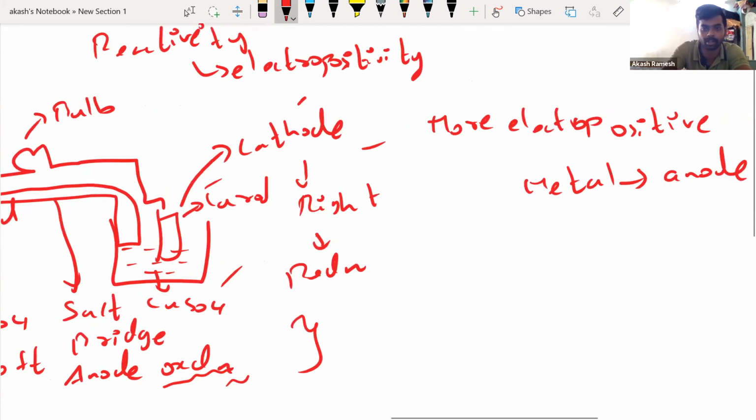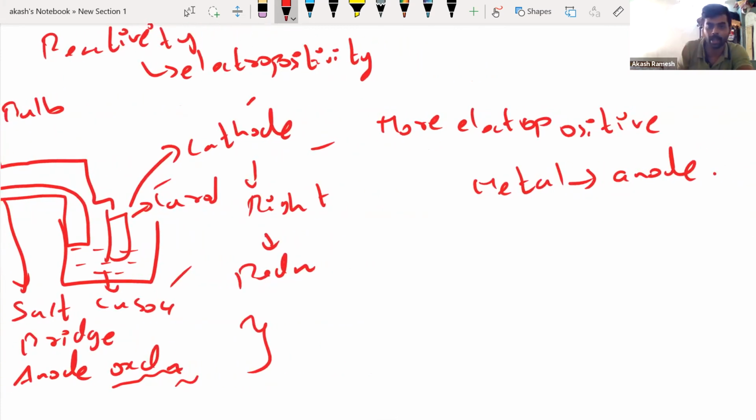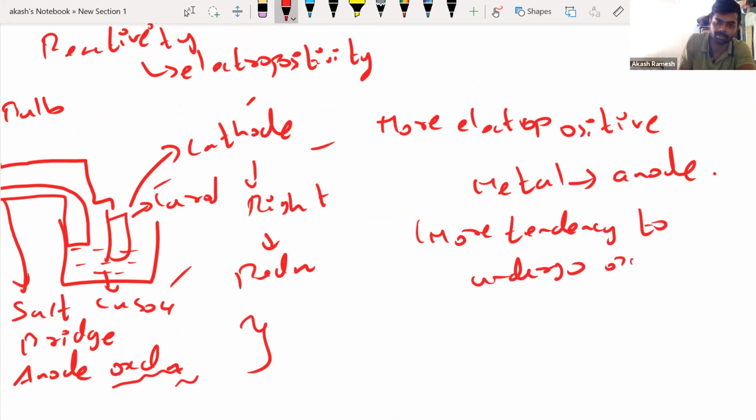So I can say more electropositive, or I can even write more tendency to undergo oxidation. It's all connected. Electropositivity and oxidation-reduction, everything is connected.